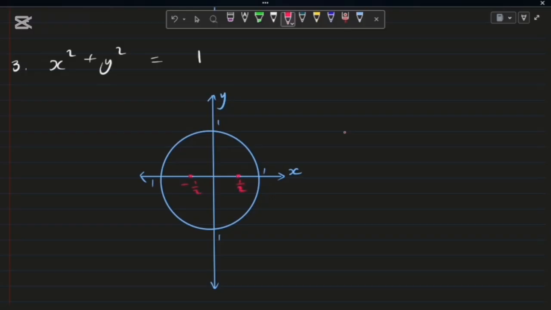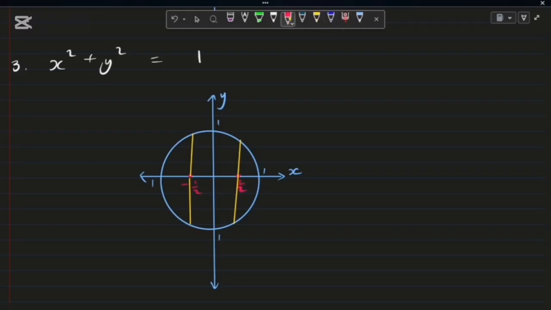And then for this one we have two y values, that one and that one. And then for that one we have two y values as well, that one and that one.